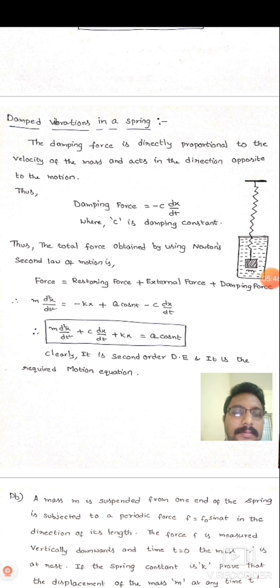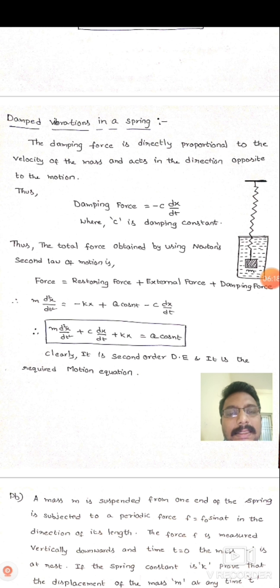So here the damping force value is given by negative c into dx by dt, because the damping force is directly proportional to the velocity of the mass and acts in the opposite direction, so we have to take negative. Here c is the damping constant and dx by dt is velocity.